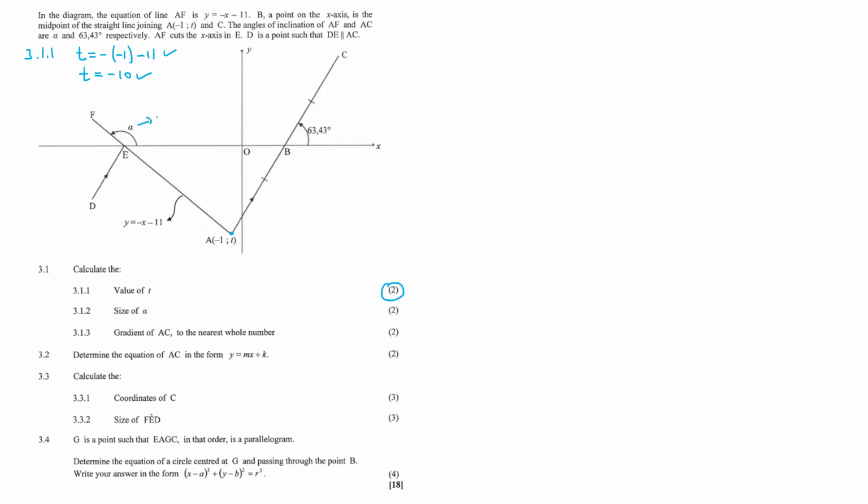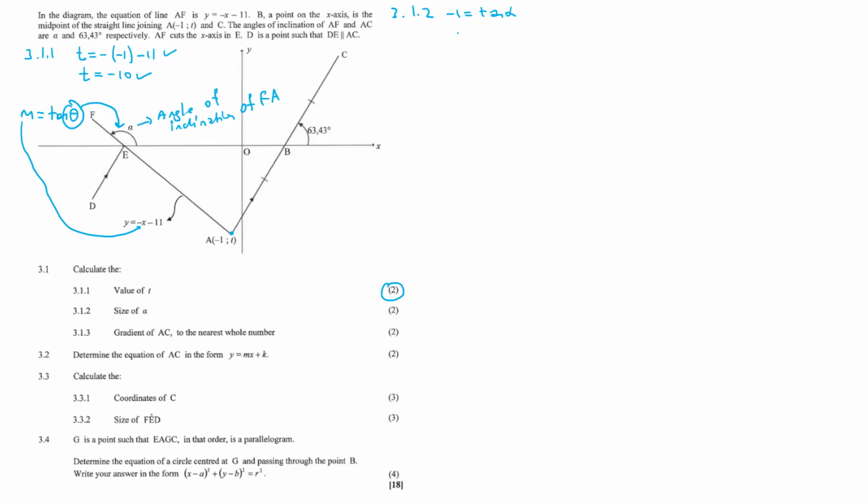Size of alpha. Alpha here is the angle of inclination of line FA. If you look at the formula sheet, m is equal to tan theta is the formula which is given. m is the gradient of this straight line, which is the coefficient of x, and theta is alpha here. So for 3.1.2, all you have to say is negative 1 is equal to tan alpha.